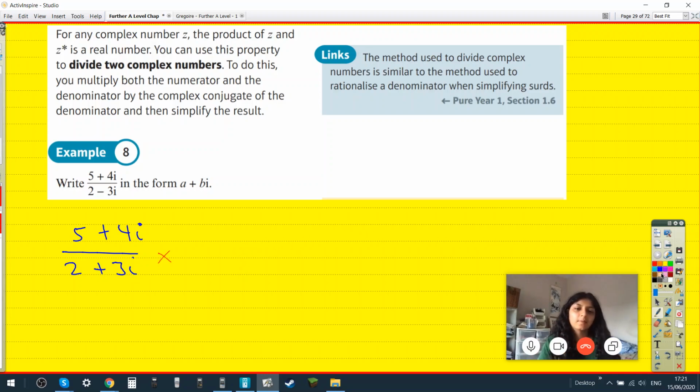Wait, you have to multiply it by 2 plus 3i over 2 plus 3i. Correct. Hang on. Yes. I wrote down minus by mistake. Sorry, I wrote down plus by mistake.